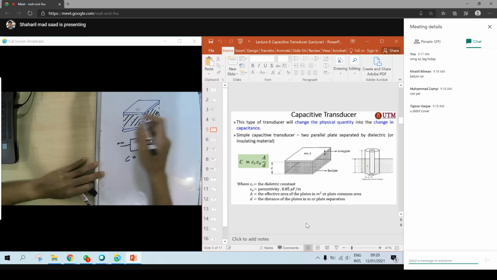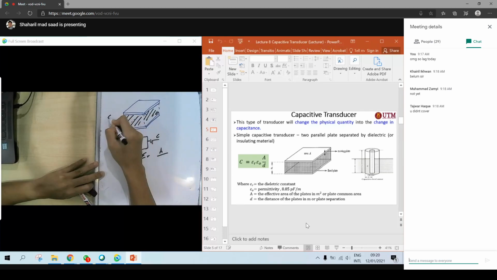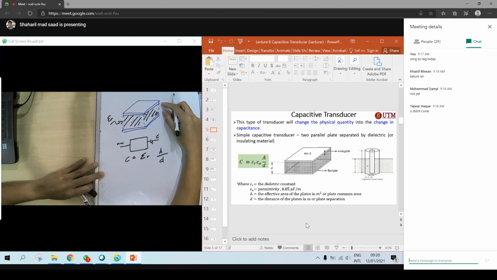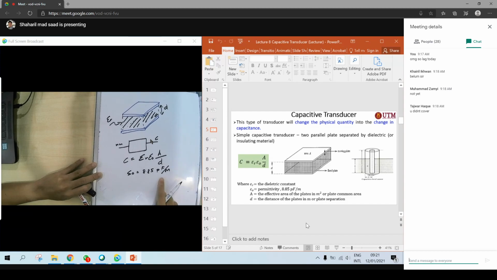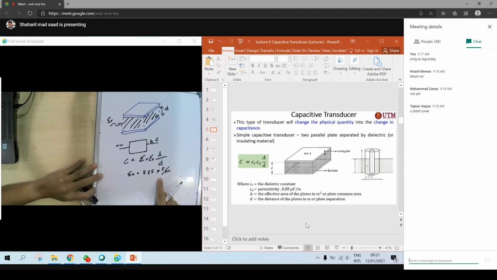So this one is the dielectric, epsilon R, and it is inversely proportional to the distance, this one D. And of course you will have a dielectric constant here, which is equal to 8.85 picofarad over meter.